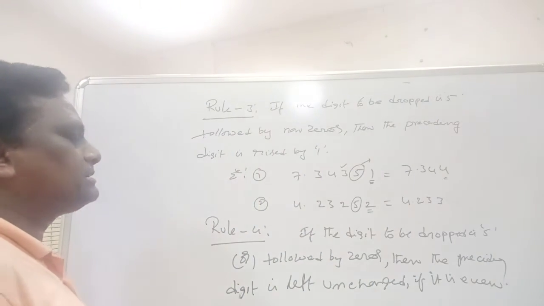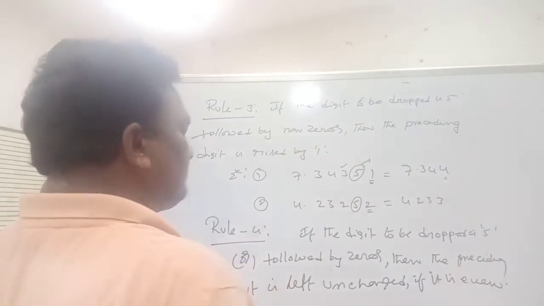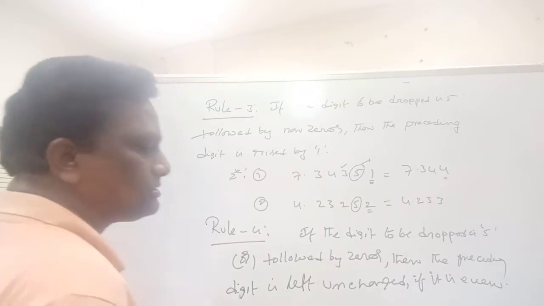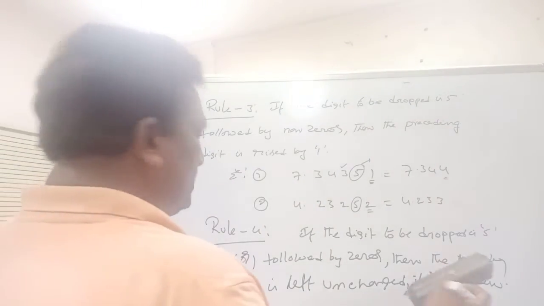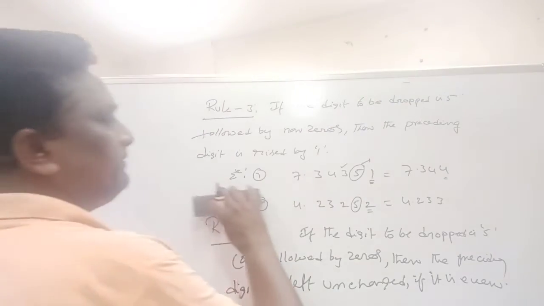So rule number 4 is, if the digit to be dropped is 5 or followed by zeros, then the preceding digit is left unchanged if it is even.